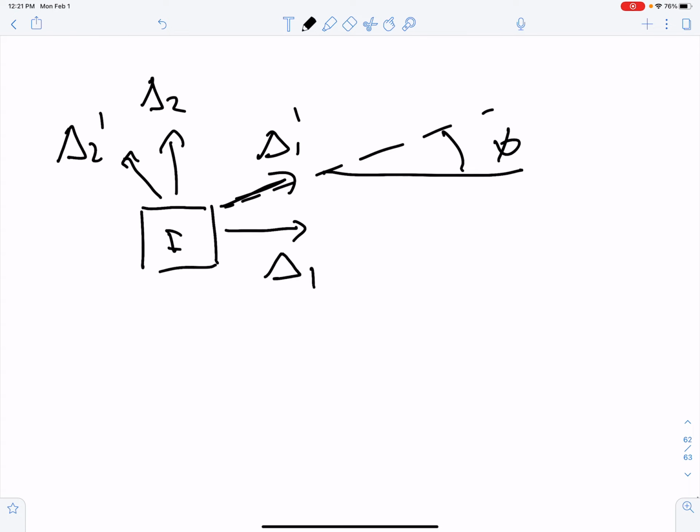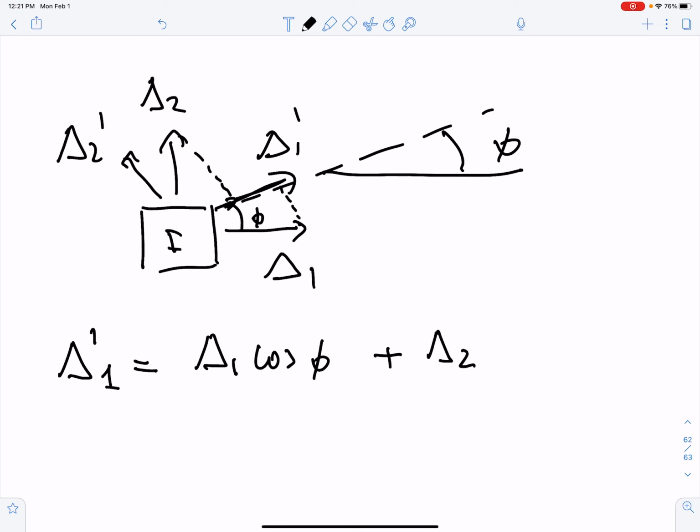So, if you're interested in delta prime 1, then you could see there'll be a contribution from delta 1 and contributions from delta 2. The contribution from delta 1 can be expressed as delta 1 times cosine phi, and then the contribution from delta 2, from geometry, will be sine phi.